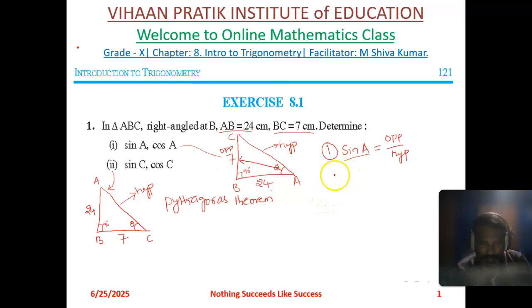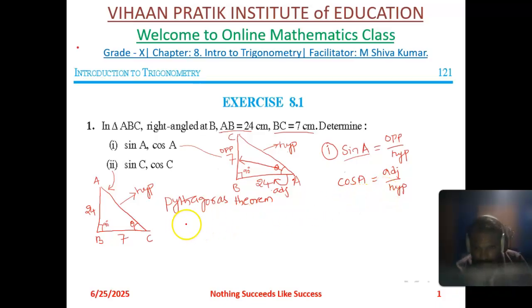In a similar manner, cos A is defined as the side adjacent to the measuring angle A, by hypotenuse. So cos A is the ratio of adjacent side by hypotenuse. In both cases, we know the opposite side and the adjacent side, but we don't know the third side, which is the hypotenuse.